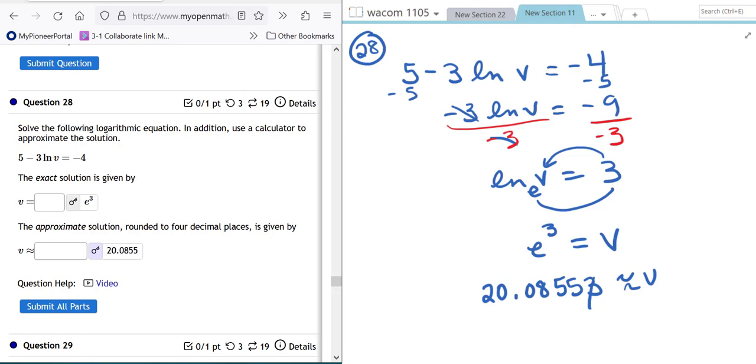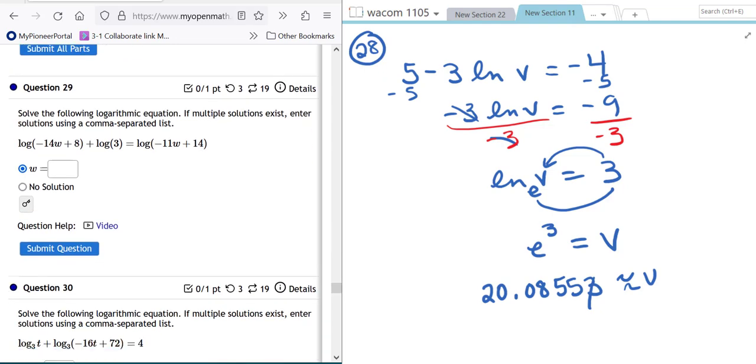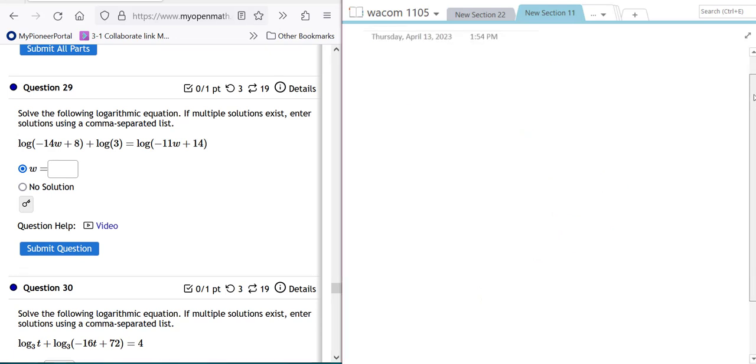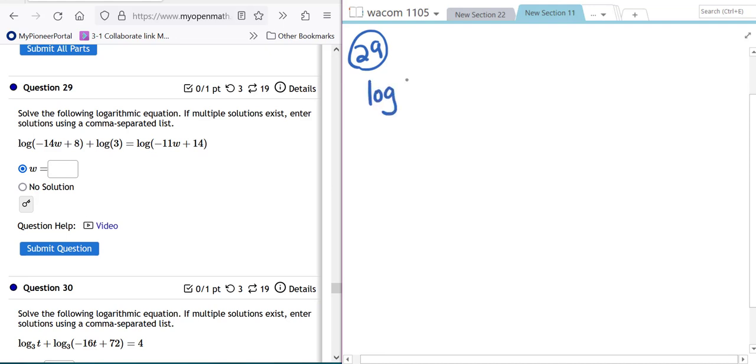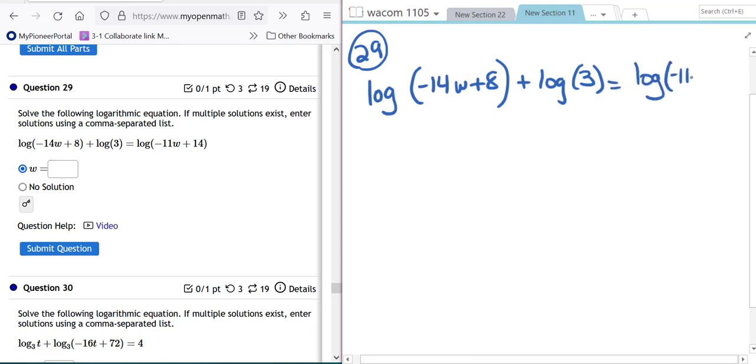All right, 29 is your first one in this set that has the logarithm on both sides. And you have to condense so that you only have one log on each side. So you have the log of negative 14W plus 8, plus log of 3 equals log of negative 11W plus 14.